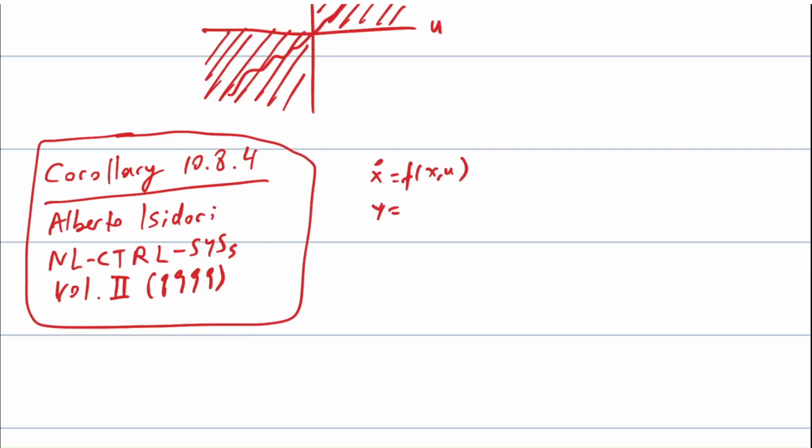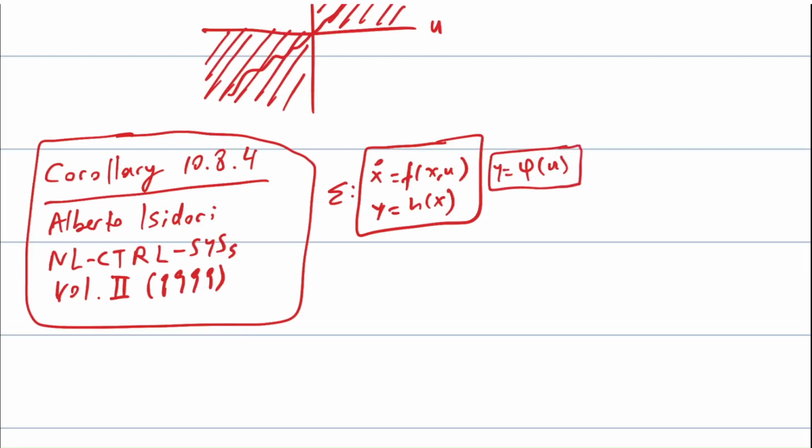This corollary states that you have this state equation. This is your system, let's call it sigma. And you also have some type of static function. You need to have three conditions. Sigma is passive, and sigma is zero-state detectable.